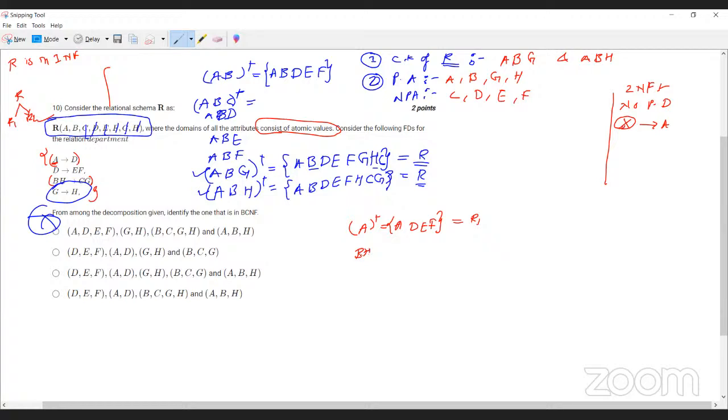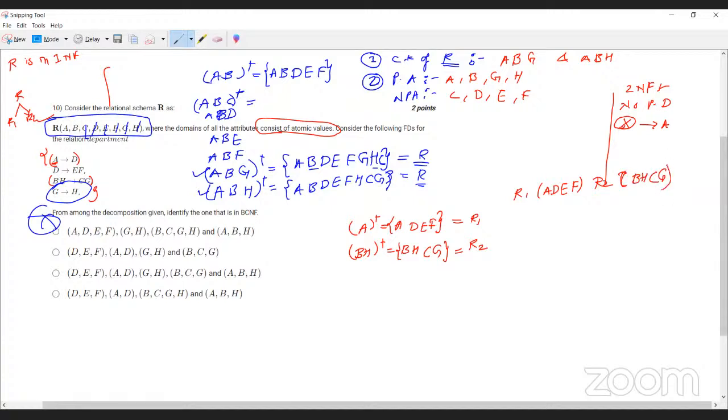If I take the closure of BH, I will get B, H, C, G, and from G I will get H, right? So I will make this relation R2. So our R1 is A, D, E, F, and R2 is B, H, C, G.